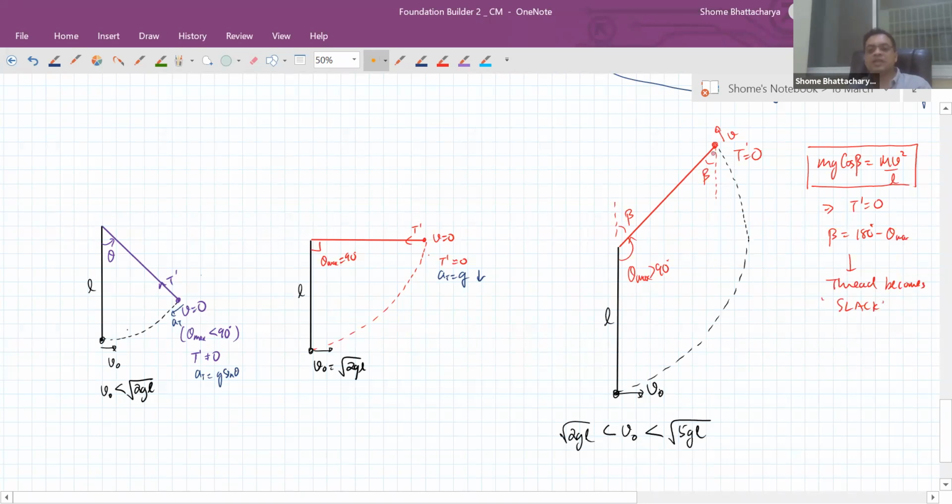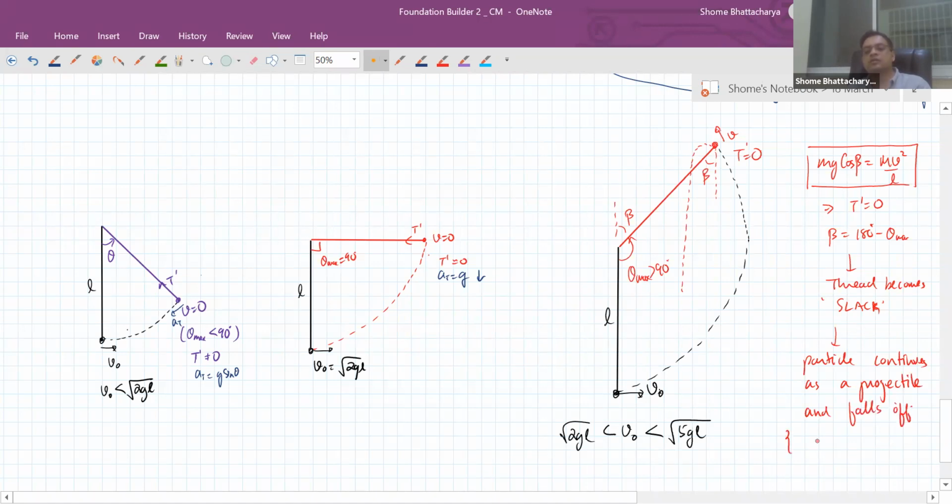So after the thread becomes slack, the particle will go into a projectile path and fall like this. It will not fall directly because it's not at rest. So from there, the particle continues as a projectile and falls off.